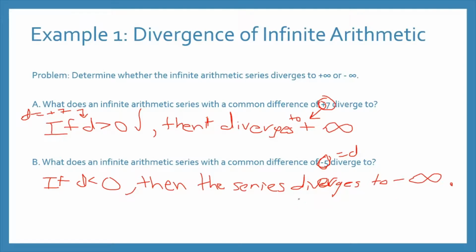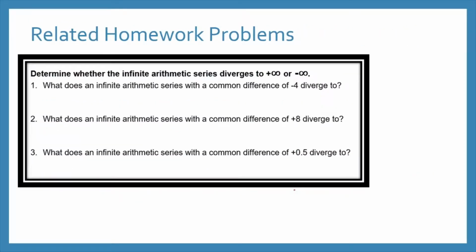So just remember here, if the common difference is positive, then it goes to positive infinity. If the common difference is negative, then it goes to negative infinity. And then just look at a couple of the homework problems you guys have. These are actually the only 3 you have on this part of the problem. In order, they are asking what happens if the common difference is -4, +8, and +0.5.